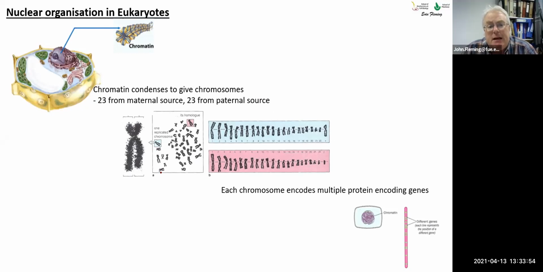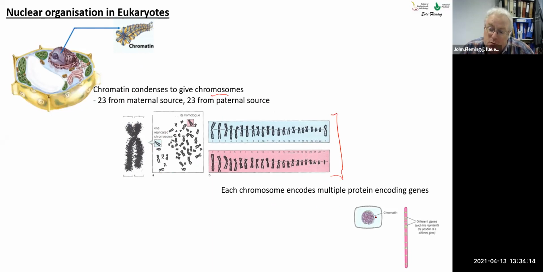Specifically in eukaryotic cells, this DNA is packaged very tightly in chromosomes, of which there are a total of 46. But along each one of those chromosomes, we find that there are multiple protein encoding genes.